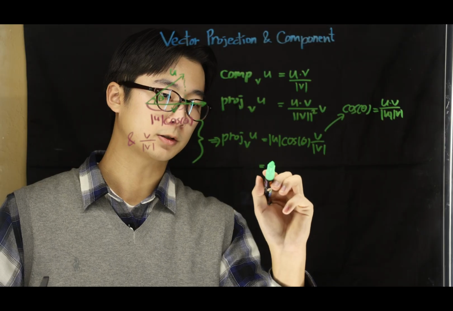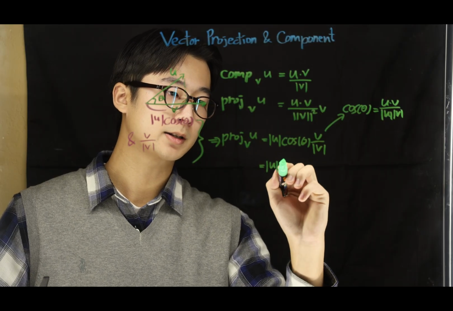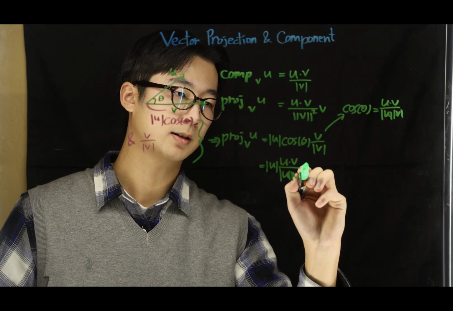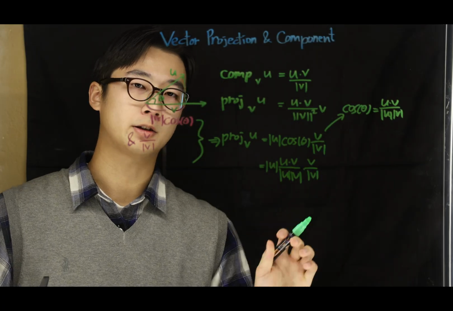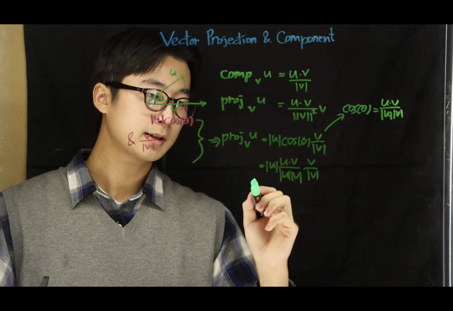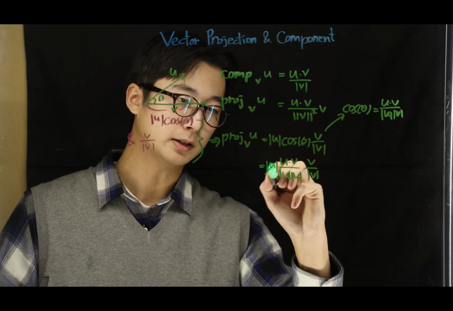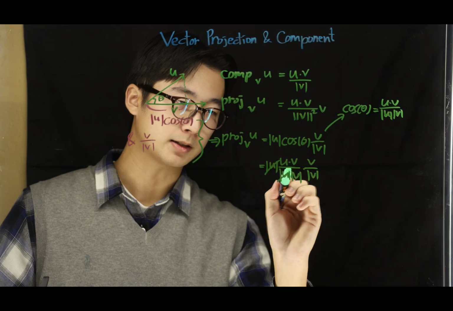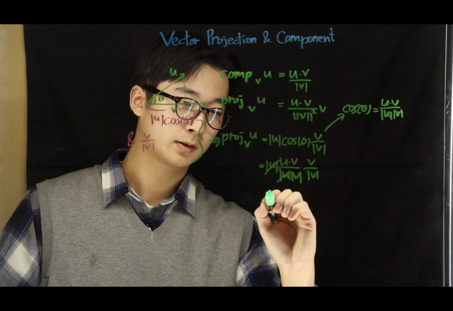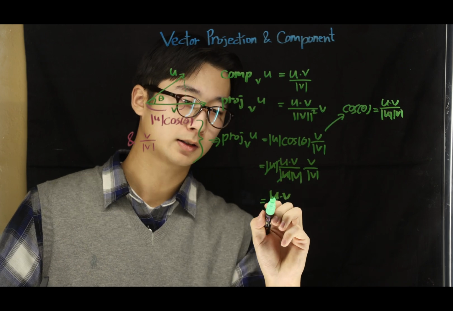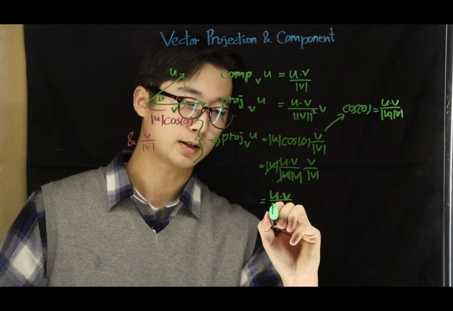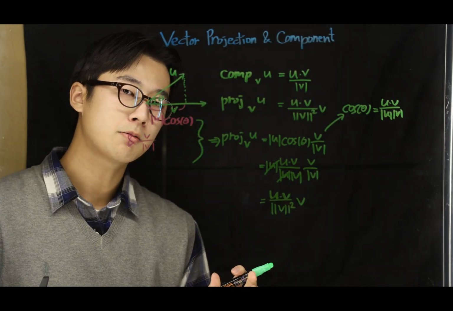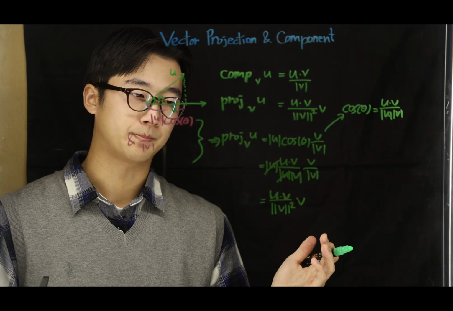So this is equal to the magnitude of u times u·v over the magnitude of u times the magnitude of v, times v over the magnitude of v. As you can see, we can cancel some of the terms. So the magnitude of u cancels. There are no more terms to cancel. So this is equal to u·v, the dot product, over the magnitude of v squared, times v. That's how we get the projection equation.